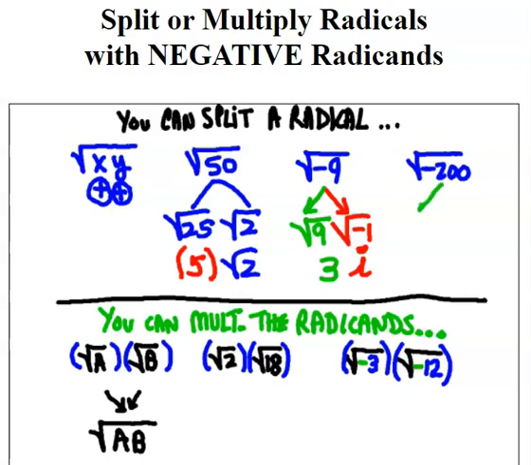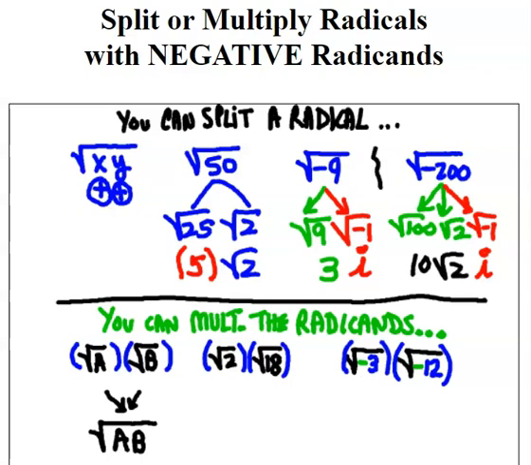First, we're going to split this up into radical 100 times radical 2, and then again this exception where we allow the -1 to be broken apart, which gives us i, 10 radical 2i.